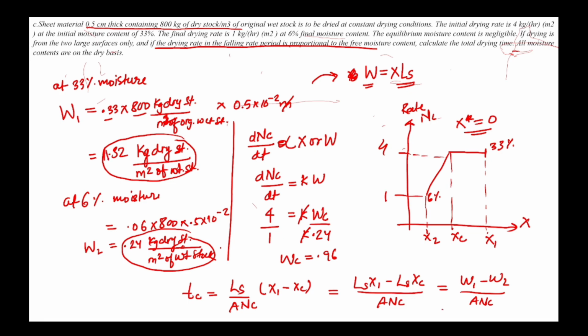So we can put it directly: 1.32 minus 0.96 divided by Nc, which is 4 in the constant rate period. So we get 0.09 hour. Why hour? Because the rate is in hour.